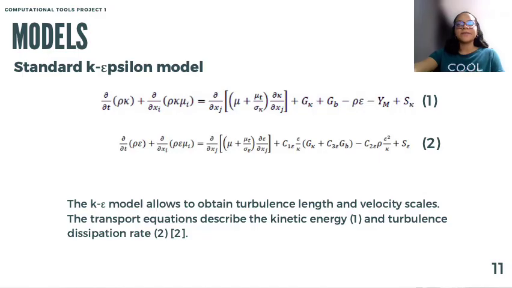The K-epsilon model allows us to obtain turbulence length and velocity scales. The transport equations describe the kinetic energy and turbulence dissipation rate. Only one turbulence model was used because the model suggested for mineral oil, despite being more efficient when calculating turbulence in flows with high viscosity, is not very good at modeling systems with high Reynolds and relatively thin meshes, which is our case.